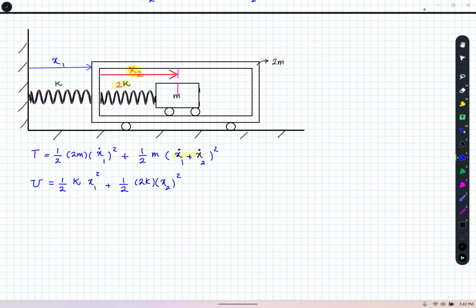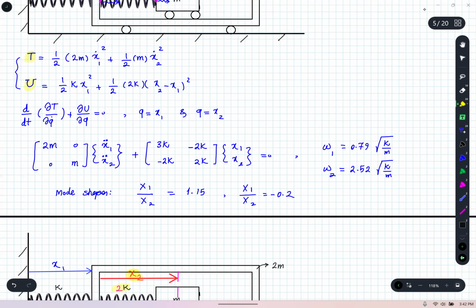All right, you need to be careful, because if you look at the 2k spring inside the cart, it doesn't matter how much x1 is moving. x1 maybe moves a few meters, right? But the stretch of the spring inside the cart is going to be x2, all right?